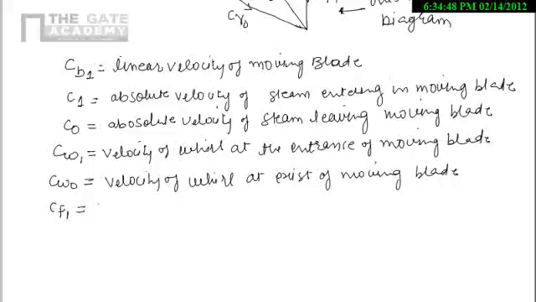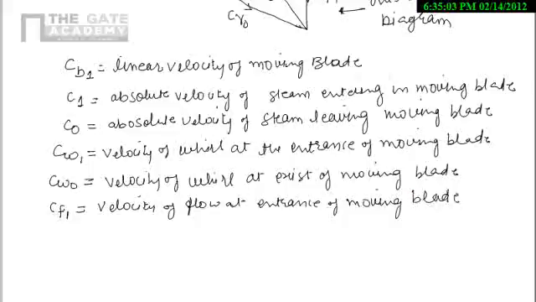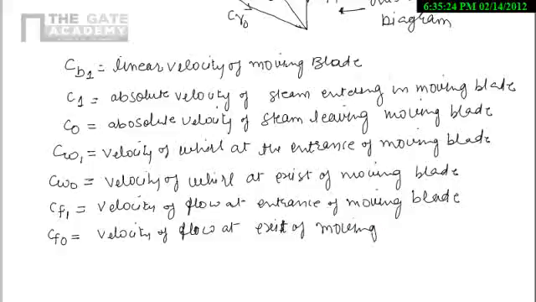Similarly, we are having Cf1, that is velocity of flow at entrance of moving blade. Similarly, we are having Cf0, that is velocity of flow at exit of moving blade.